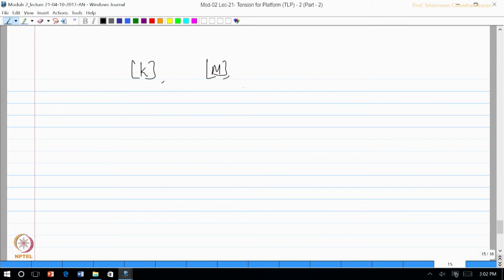I want to use the computer program to find C matrix and then f of t and then solve the problem by Newmark's iteration scheme, which we already gave you in the last lecture.